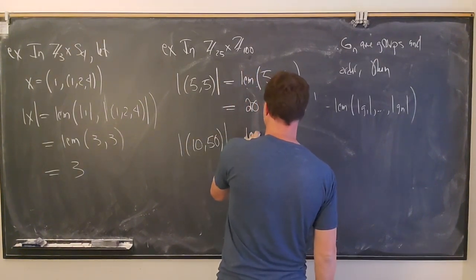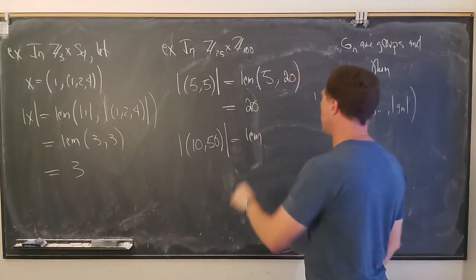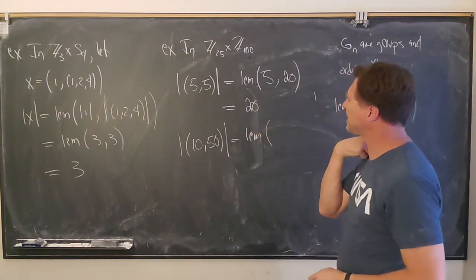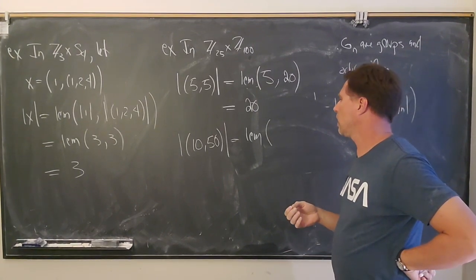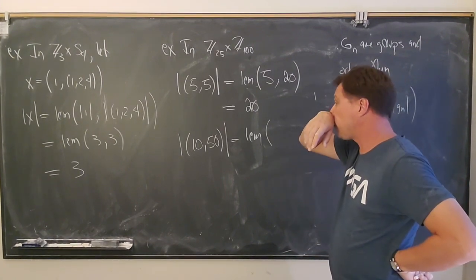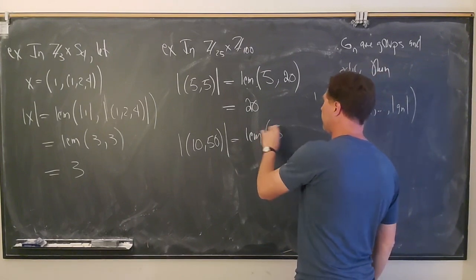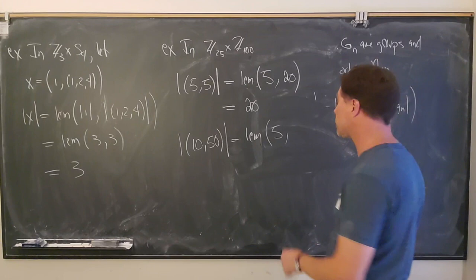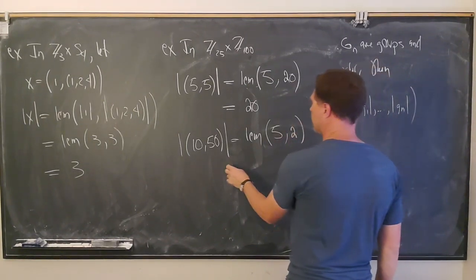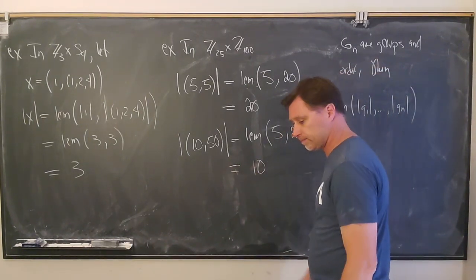That's going to be the least common multiple of the individual orders. What's the order of 10 in Z25? 10 plus 10 is 20, plus 10 is 30, 40, 50. The order of 10 is 5. And the order of 50 in Z100 is 2. And so this element has order 10.